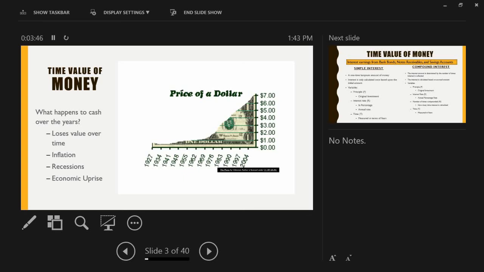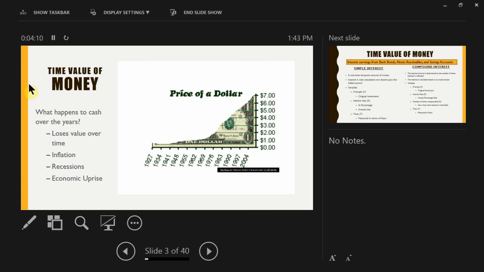Okay? So that is exactly what we need to calculate for, especially when we're making projections, planning for the future, and investing in things. This is what we're going to be talking about when we calculate the value of money.